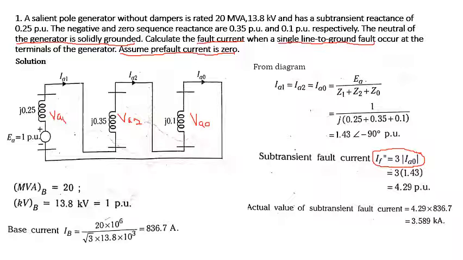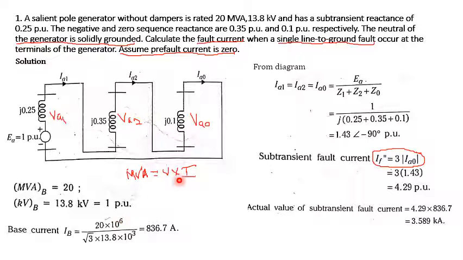We know that MVA is equal to voltage into the current, in amperes. Here I wanted to calculate the current I. So what is the MVA here? It is 20 MVA, 20 into 10 to the power of 6.